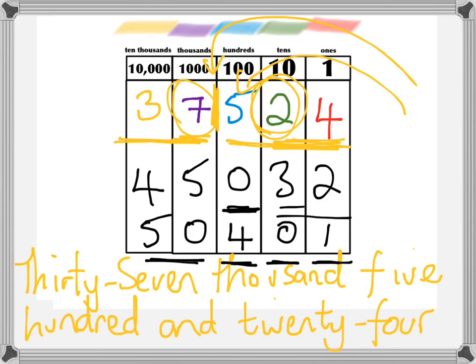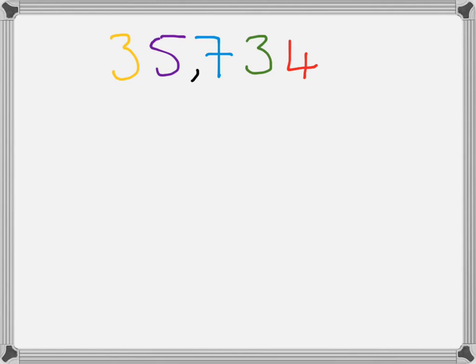Let's see if we can do some of these then. So here's a number here. Quite often where the thousands come in, there is a comma.